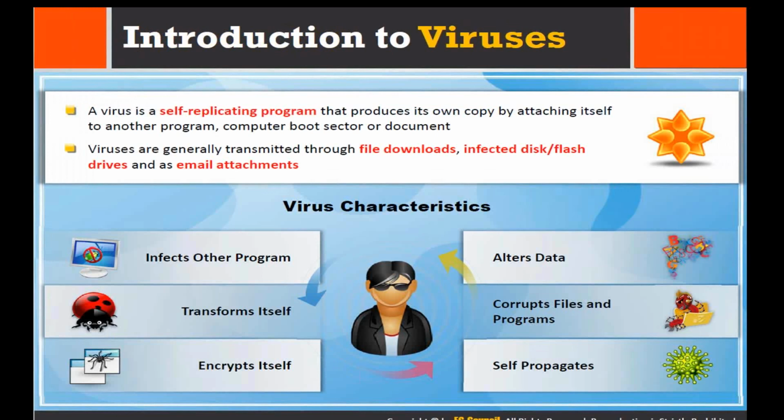A virus is a self-replicating program that produces its own copy by attaching itself to another program. It could be a computer boot sector, could be a document. Usually you get infections from other programs, from USBs, from file downloads. Most of the viruses do encrypt themselves. Again, later I'm going to show you how you can fight against a virus in a demo as well.